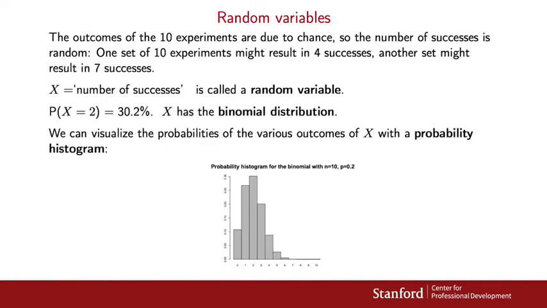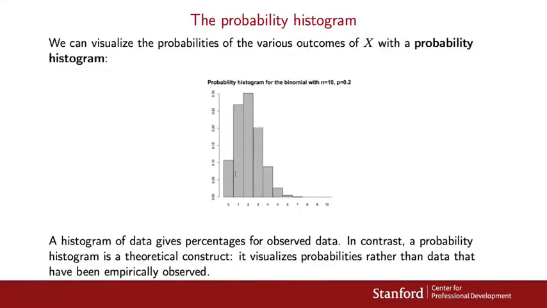The probability histogram is simply a bar graph where the height of the bar shows the probability of the corresponding outcome. For example, we saw that the probability of getting x equal 2 is roughly 30%, and that's the height of this bar. So here's the same probability histogram we had on the previous slide.